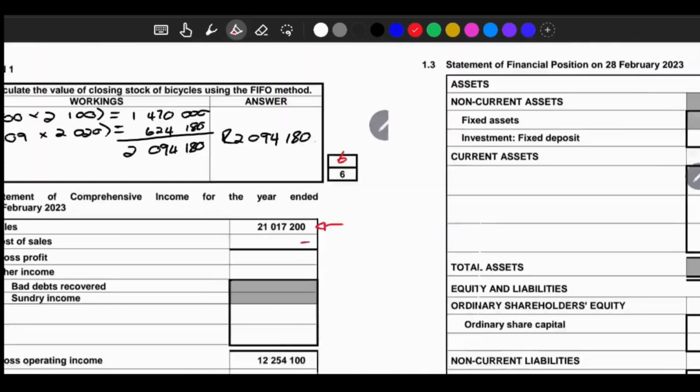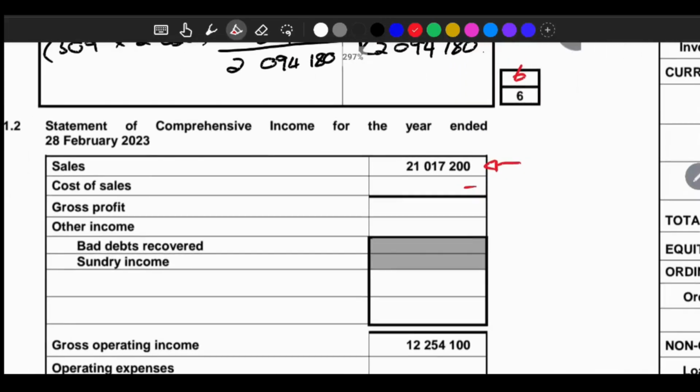What that means is this 21 million is after discounts. So initially what they had here was an amount X minus 336,000 that gave them 21,017,200, right? What we need to calculate our cost of sales on is this X and not the 21 million, right?